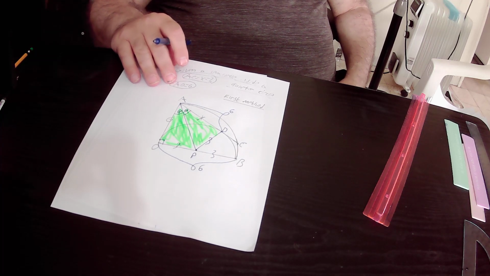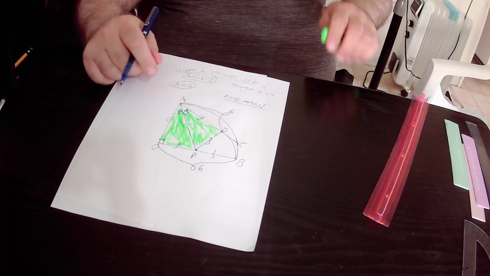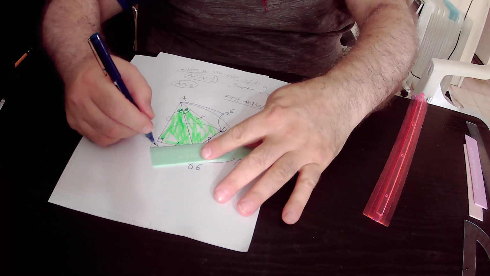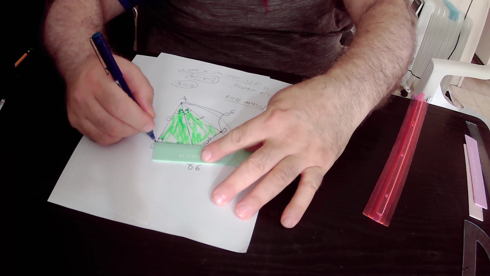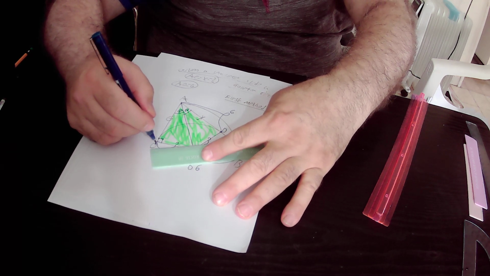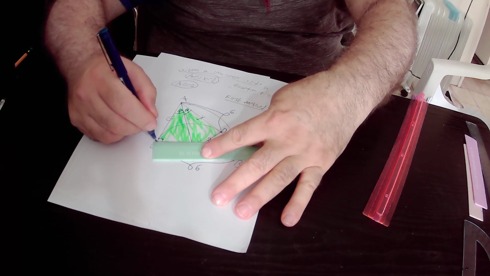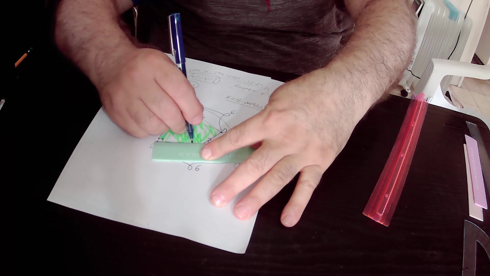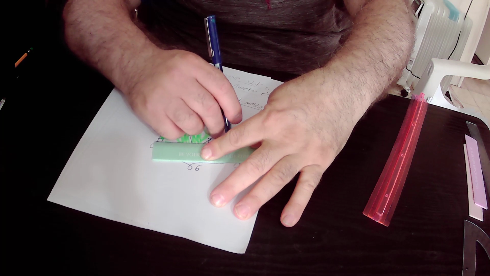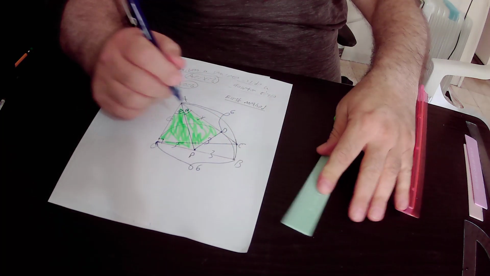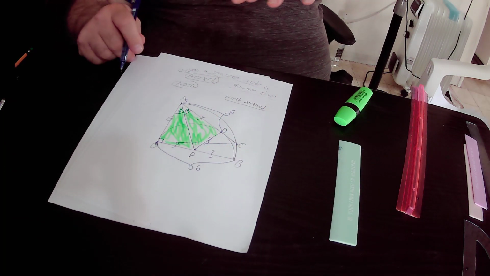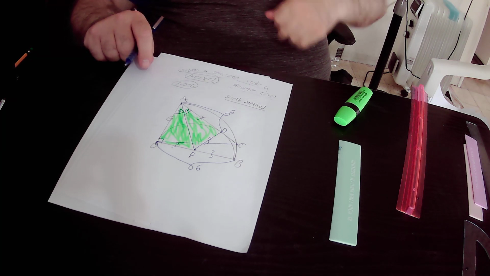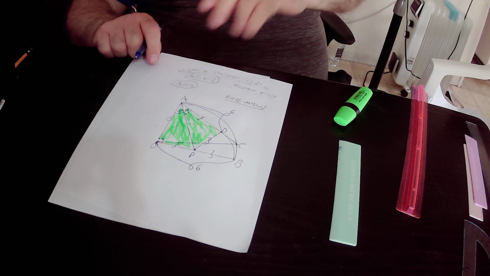In the next step, we will join points O and C together by a straight line. By joining points O and C, we created triangle AOC.